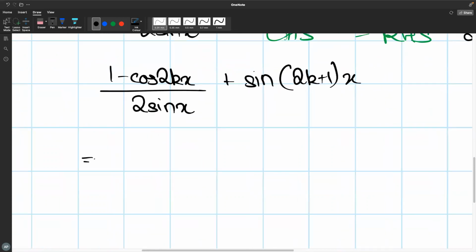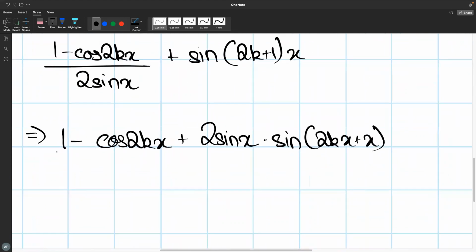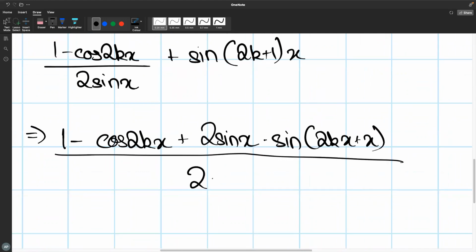So we first multiply 2 sine x with sine (2k plus 1)x. That gives us 1 minus cosine 2kx plus 2 sine x times sine (2kx plus x), where I'm just taking the x inside to make it easier, all over 2 sine x.